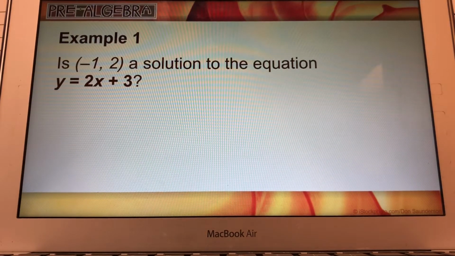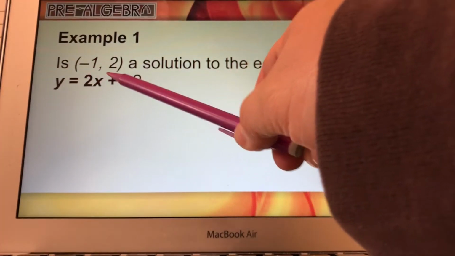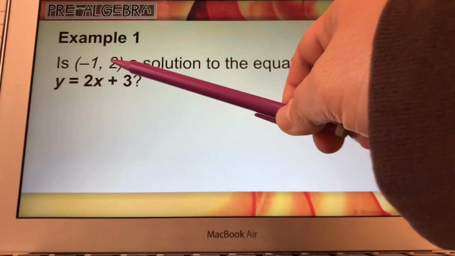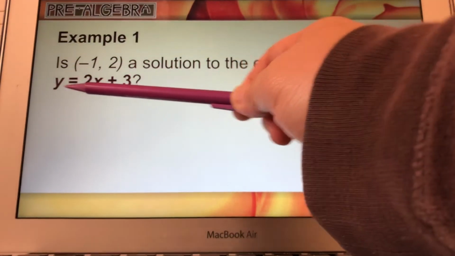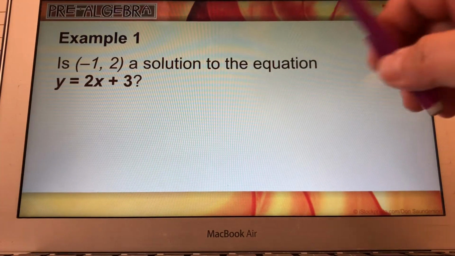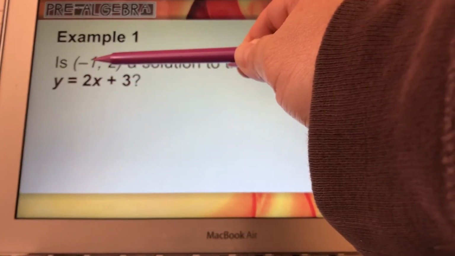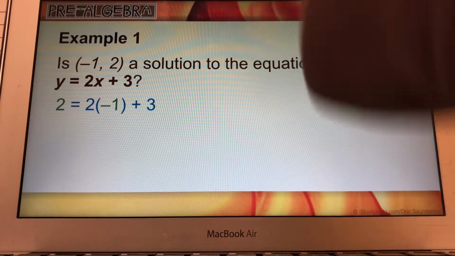Let's take a look at this example now. Okay, you're given this ordered pair, negative 1, 2. This is asking you, does this ordered pair fit in this equation to make it a solution? Okay, so where's my x? My x is negative 1, right? So I'm going to plug that in for x.